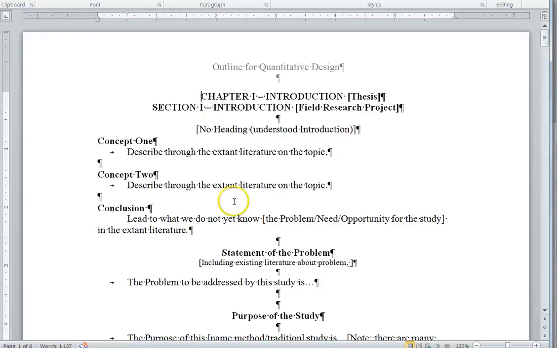So as we go through the concepts, that's the way we will describe them. Because what we want to do is come to the gap in the study. We want to conclude and lead the reader to what we do not yet know: the problem, the need, the opportunity for this study, which we refer to as the gap of the study. And that will also help us to frame our problem statement.